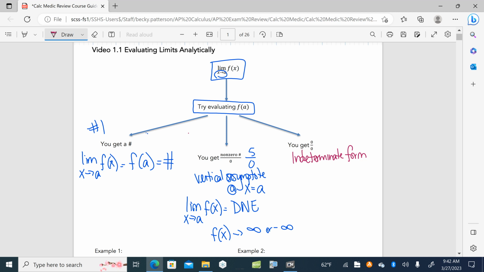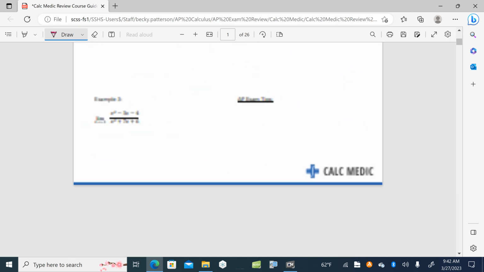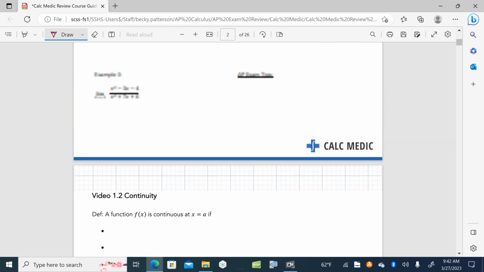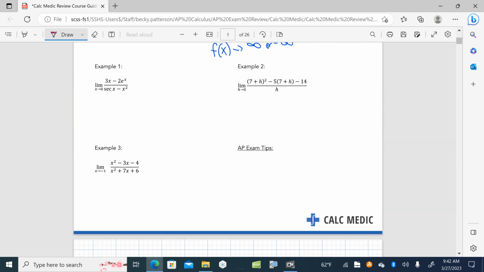Now, at the bottom where it says AP exam tip, this is going to be our first AP exam tip. You are never going to write equals 0 over 0. When you evaluate your function or your limit and you get a 0 over 0, you're never going to use this.